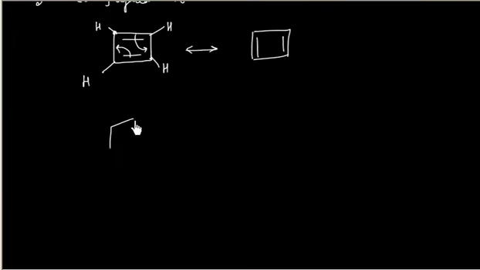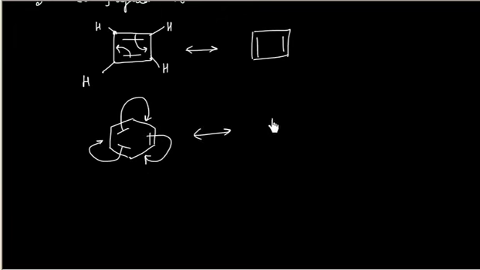If I have a 6-membered ring, we can also flow the arrow the same way. We can convert this bond to this bond. This bond goes here and this bond goes here. So we will have this bond comes here and this bond goes here.